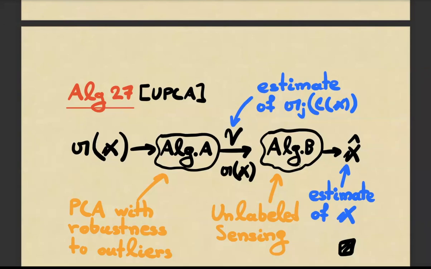We can feed this to an unlabeled sensing algorithm, say this algorithm I described with the power sums. And this can give us back an estimate of X. All in all, in the algorithm, the input is a permuted version of X, and the output is an estimate of X.